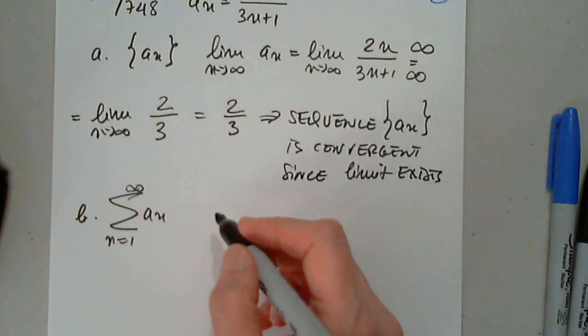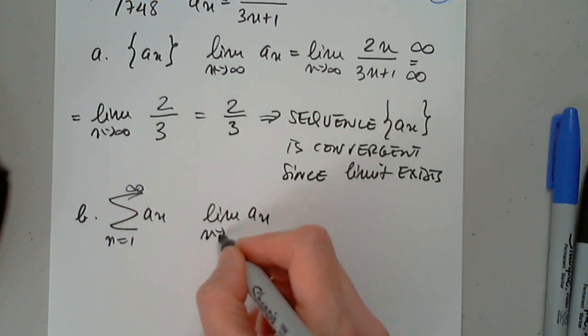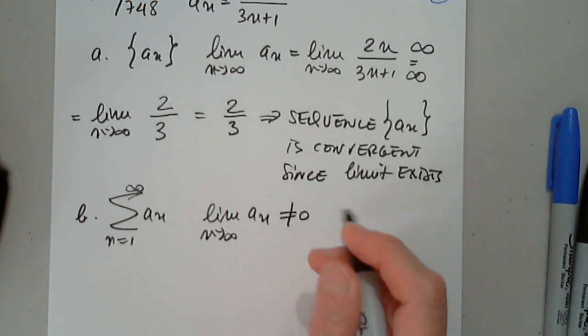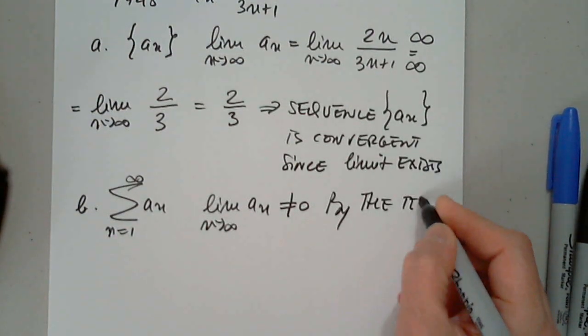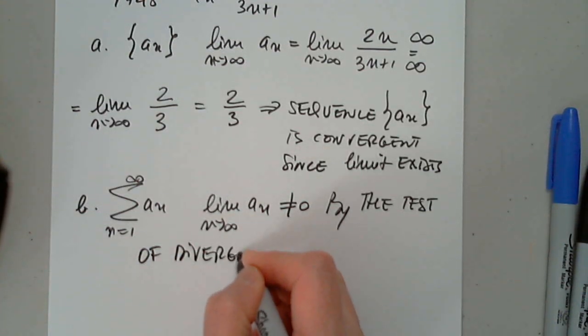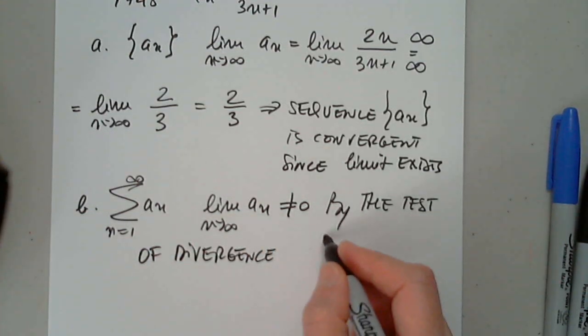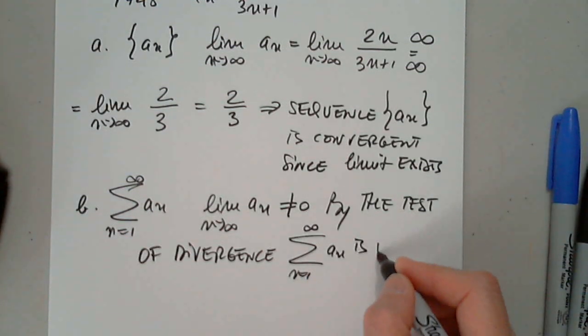Okay, but we see that the limit of a sub n as n approaches infinity is not 0. By the test of divergence, the infinite series is divergent.